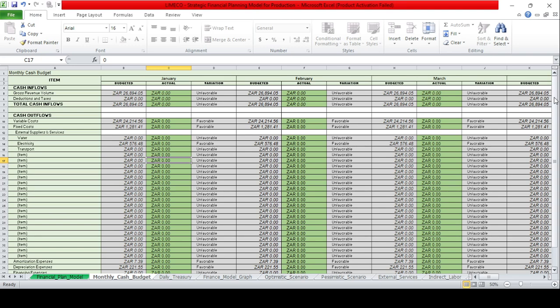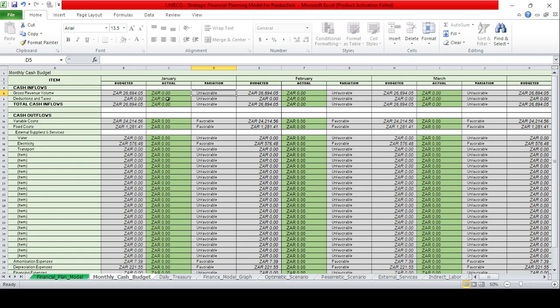Now we have here automatically the gross revenue volume for January of the first year, and the variation is unfavorable because in the actual performance we have no revenue.